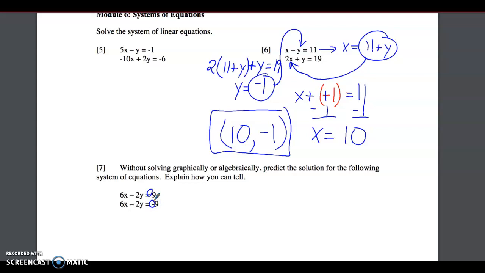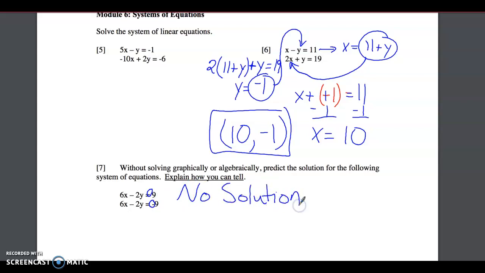Because they have the same coefficients with the x, if I rearrange those equations, the only difference will be the y-intercept. They're going to have the same slope and different y-intercepts. When that is the case, the answer is no solution.